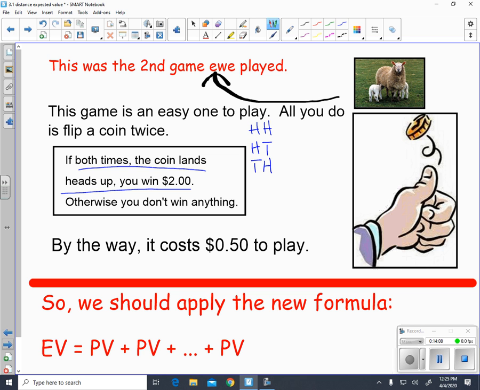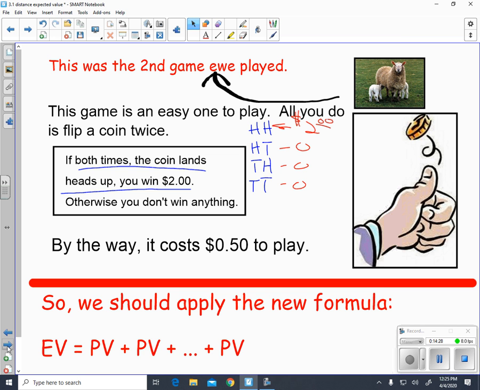Tails and heads you would have lost, and tails and tails you would have lost. And so in this scenario, this was worth $2, right? $2 if you got heads and heads, but all of these things are worth nothing. You lose, they're worth 0.